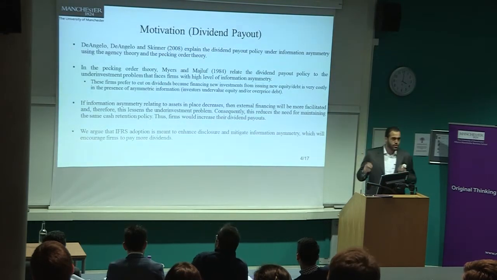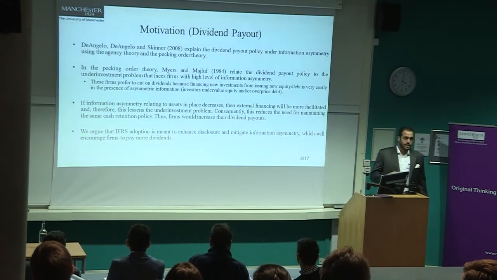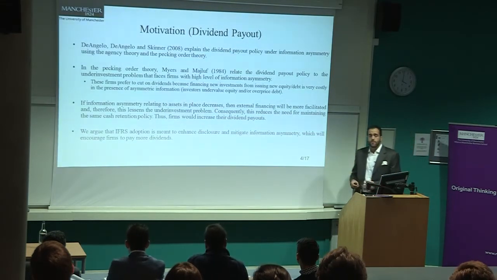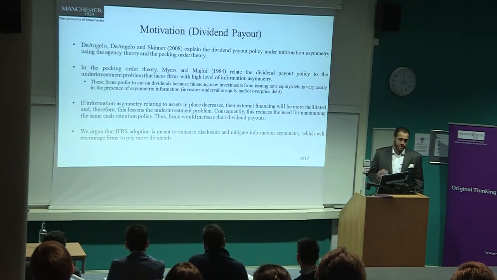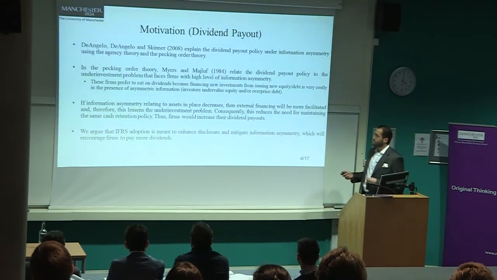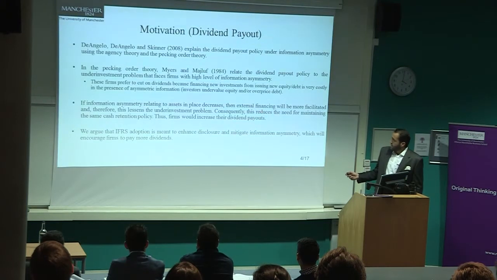We rely on the pecking order theory by Myers and Majluf 1984, where they argue and show analytically that a lower level of information asymmetry is expected to solve the financing problem, and therefore dividends would go up. Okay, this is mainly what I said.